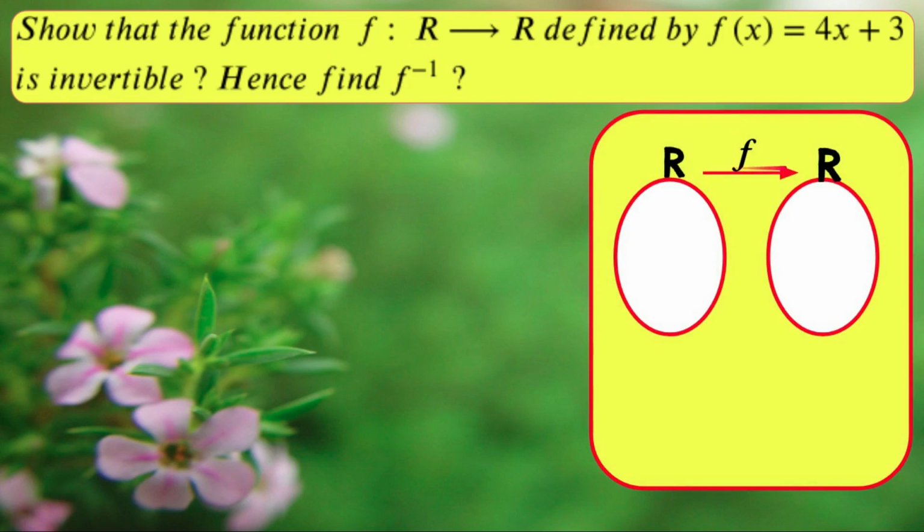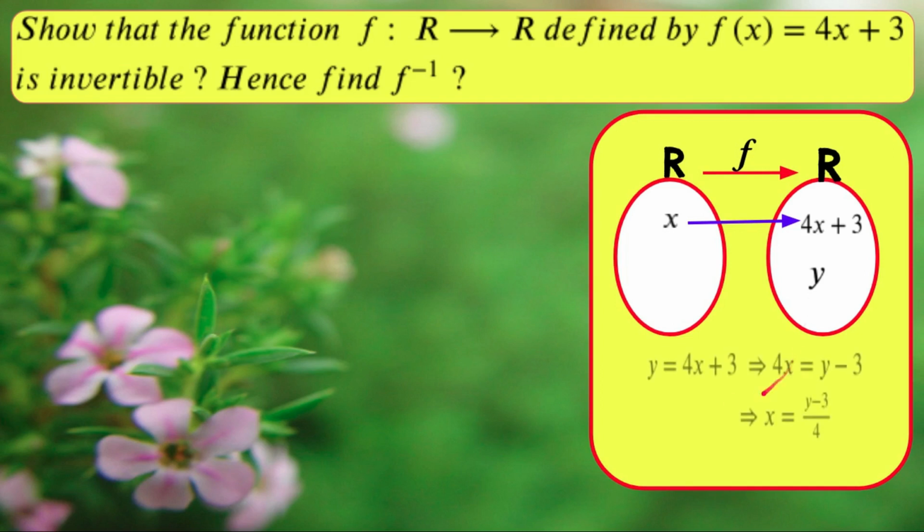See, this is f now. Here x is an element of R. Suppose what is its image or f of x? It is 4x plus 3. That we know. Okay. Then what is the inverse image of 4x plus 3? It is x. So clearly, what is the inverse image of y in terms of y?